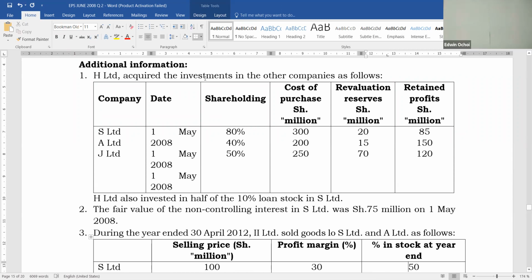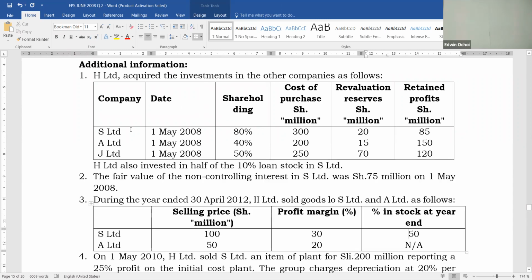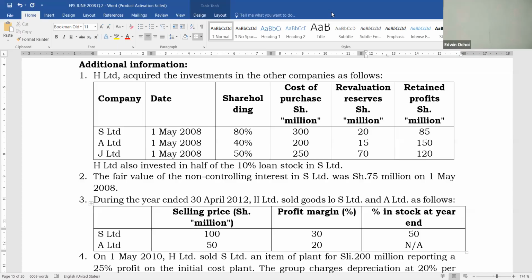They are saying that H Limited acquired investments in the other companies as follows. He acquired S Limited, A Limited and J Limited. All of them were acquired in these periods. So they were giving us the period of acquisition.